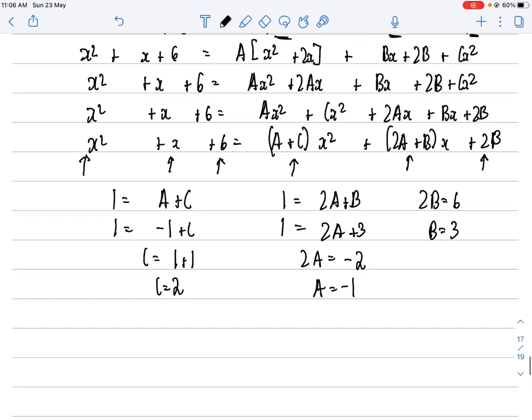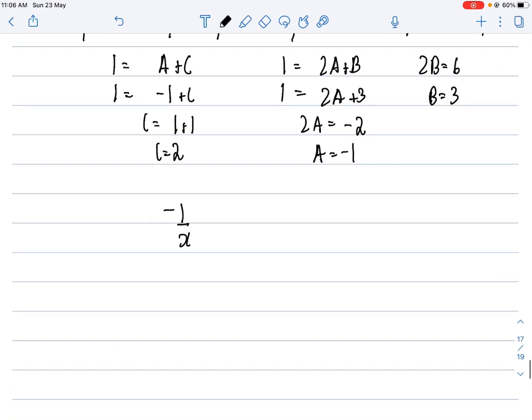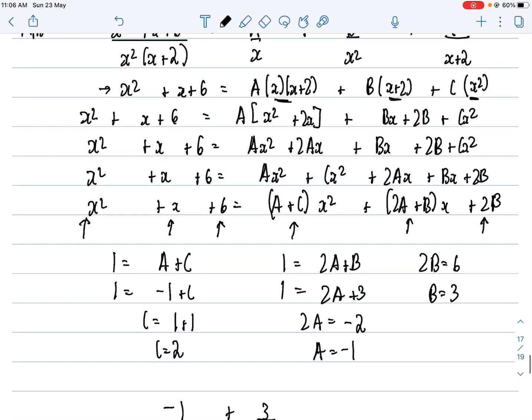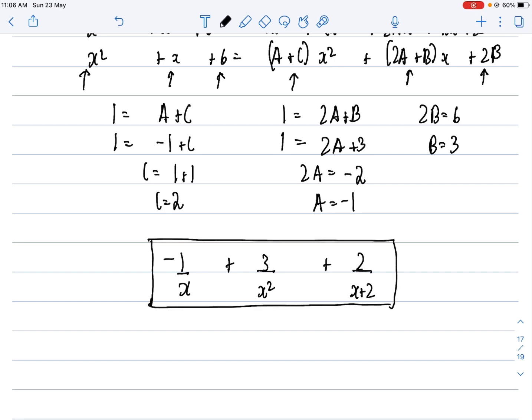So now I can write this as minus 1 over x plus 3 over x square plus 2 over x plus 2. This is what I've written in the partial fraction form.